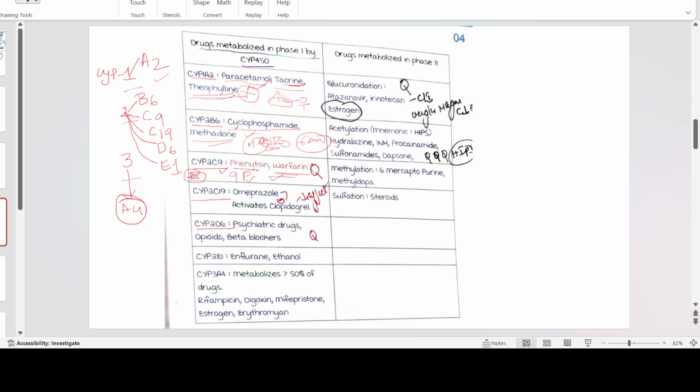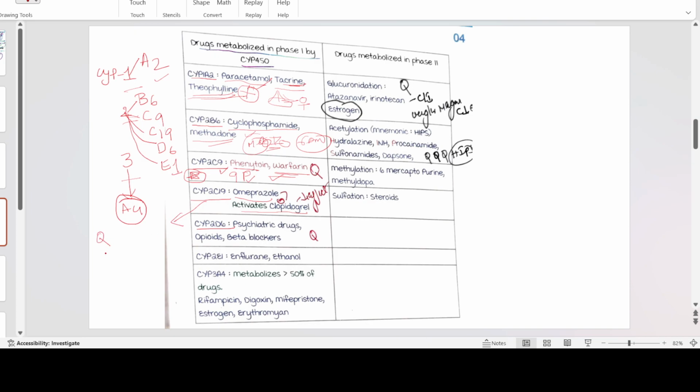Next, you have C19, and the drugs are omeprazole and clopidogrel. Now, we have a few important points to understand here.